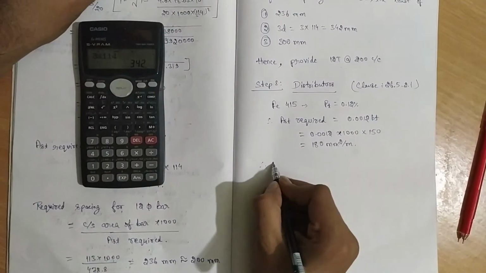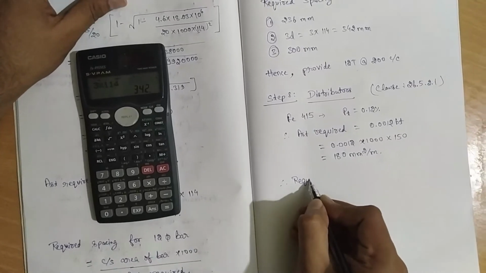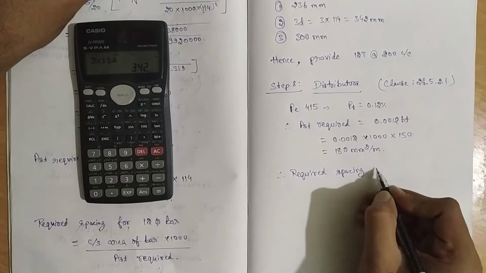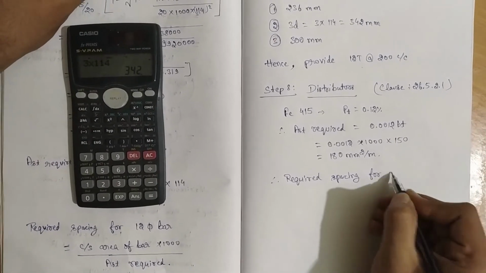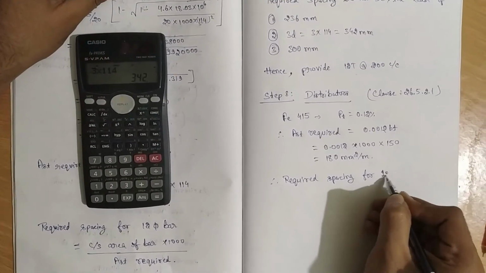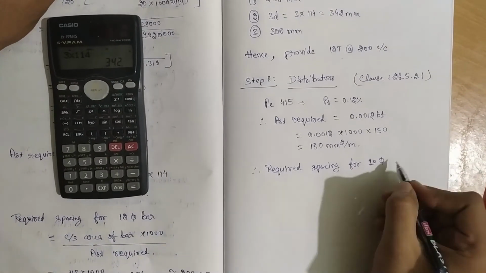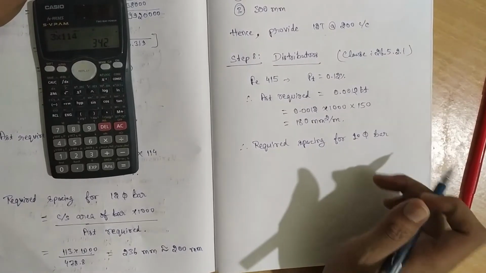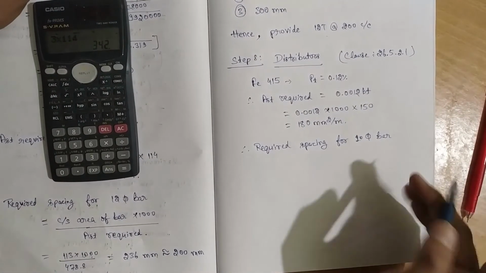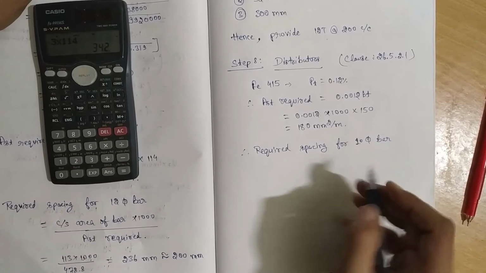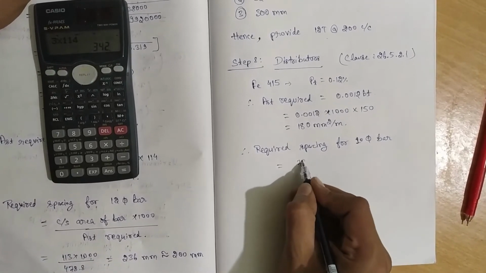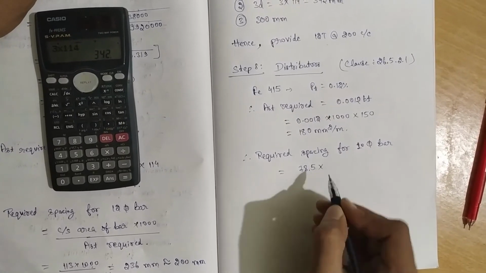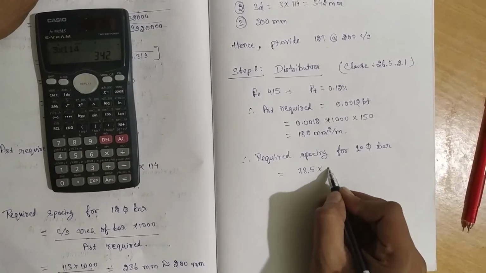So we got 180 mm square per meter. So we can say that required spacing for 10 mm dia bar, like we can take 8 mm dia bar or 10 mm dia bar, anything. So I am just considering 10 mm dia bar over here. So cross section area of 10 mm dia bar is 78.5 mm square.